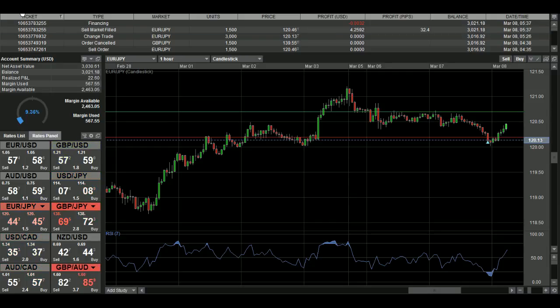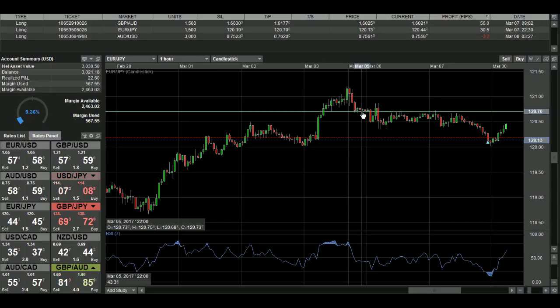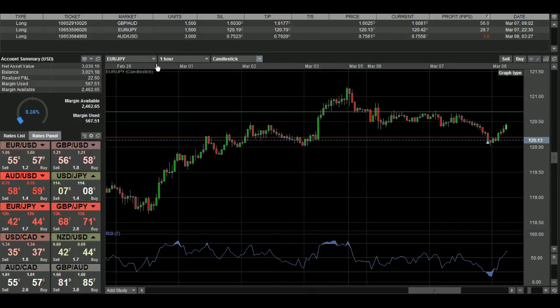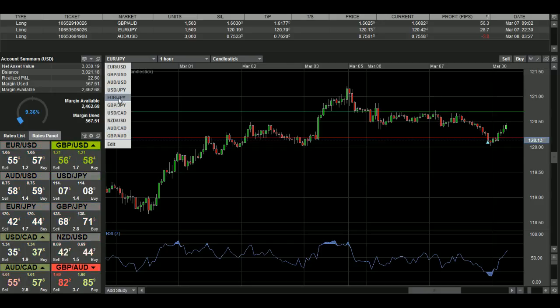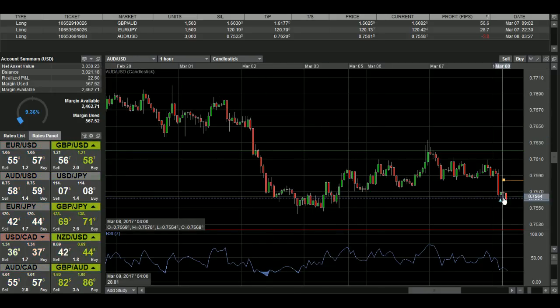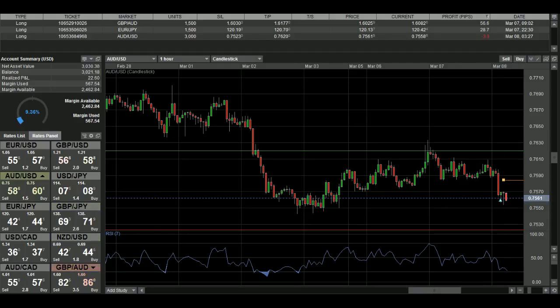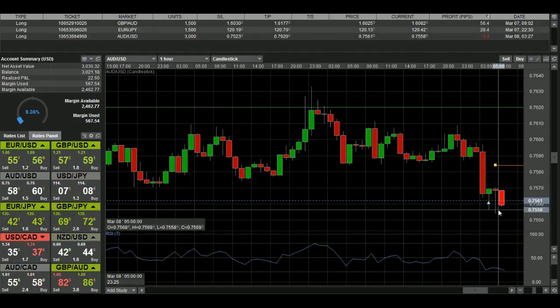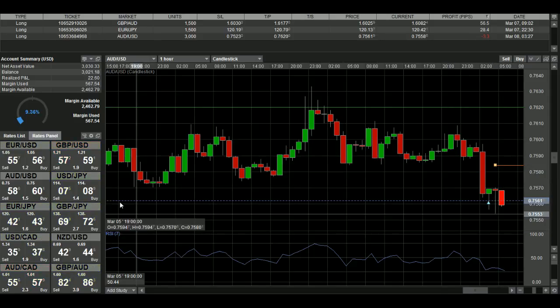And now we just wait to see if it rallies up and hits target two. Aussie dollar's not really doing anything. We've got a nice little pin bar right there. So we'll see what happens.